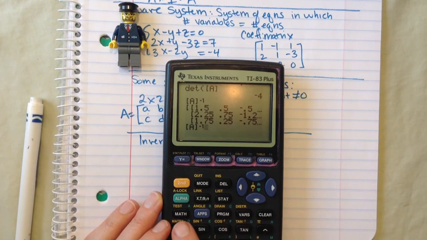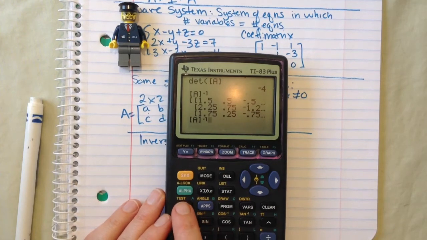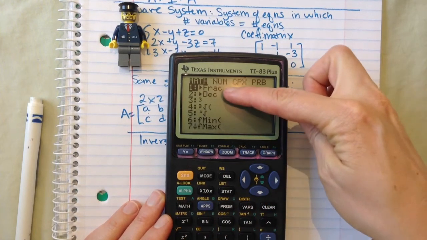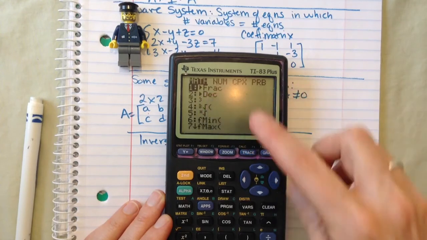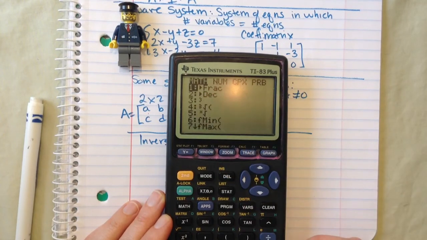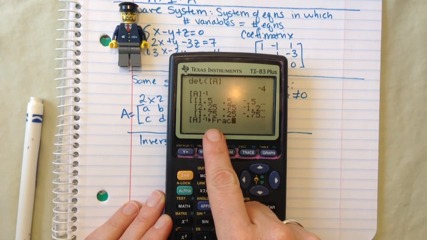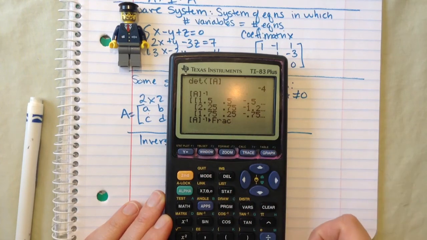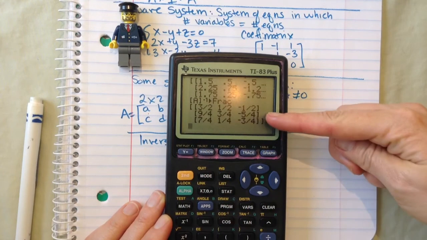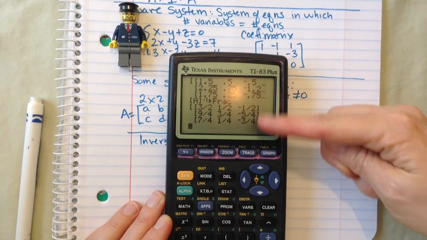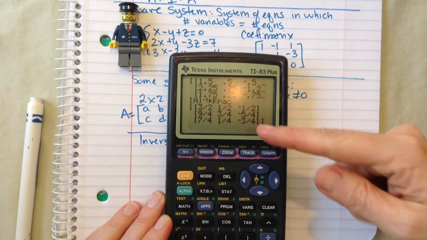How you do that is just hit the normal math menu here, and the very first thing is send to fractions. So choose that. I'll do the inverse of A as fractions, and here's the same matrix as that one, just in fractions instead of decimals. All right, so there's our inverse.